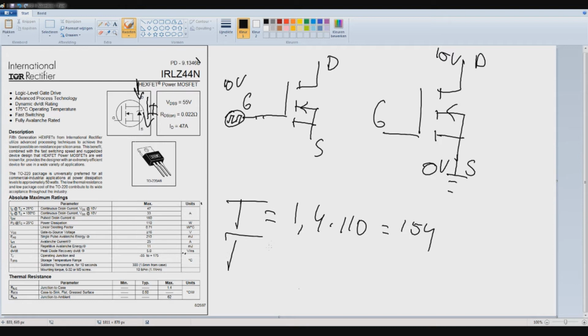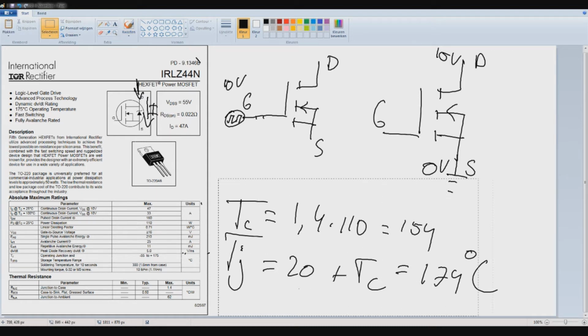But what we must not forget is the ambient temperature, which is usually room temperature. And let's say the junction temperature then is 20 plus the case temperature, which is 174 Celsius, which is the operating temperature before the case starts to get damaged. So that's how the case warms up.